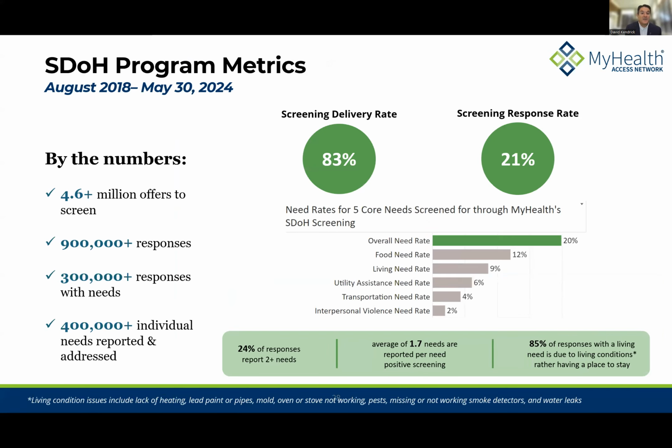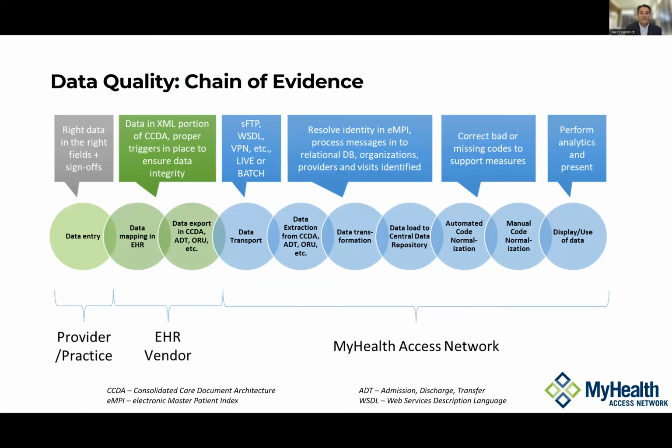I'm happy to say that we just crested 4.8 million offers to screen to patients, with over 1 million responses to these social needs. And one of the things about the way our program works is as soon as a patient reports a need, they are also offered 3 options for referrals: food pantries, housing units nearby, all within walking distance or close proximity to where they are.